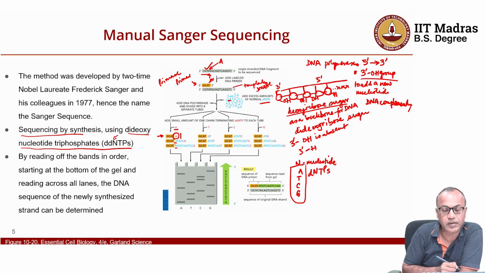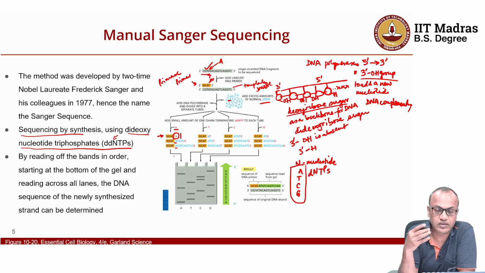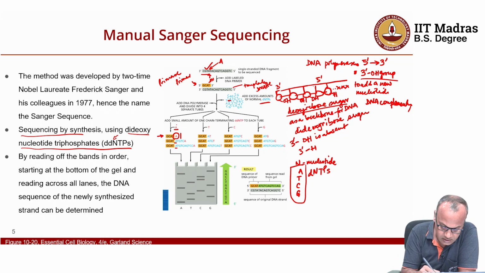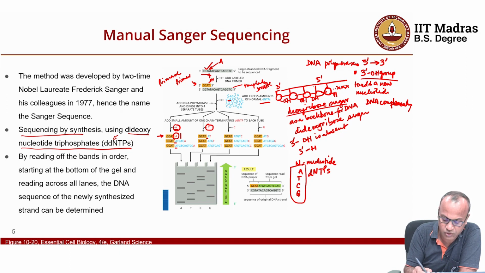Here is the same case, right? Now imagine this reaction is happening randomly in each of the tubes. In this case, there is a random addition of ddATP. In this case, there is a random addition of ddTTP. So in this case, what would happen? GCAT, A was normal because here there is no ddATP, but now there is ddTTP, and this can get randomly inserted here or here or here.